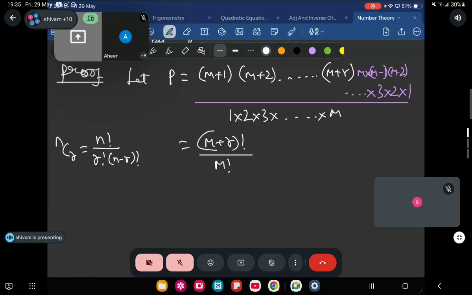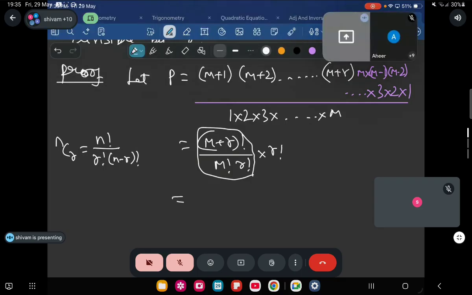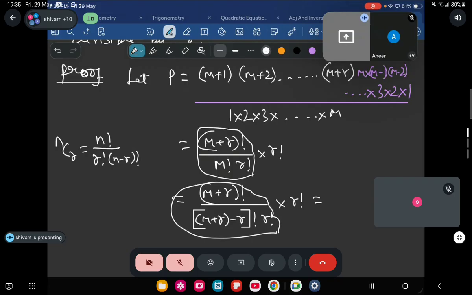So over here, m plus r whole factorial divided by m factorial, if I multiply and divide by r factorial, this whole thing can be written as m plus r whole factorial divided by m plus r minus r whole factorial, multiplied by r factorial. So this whole expression becomes m plus r Cr.